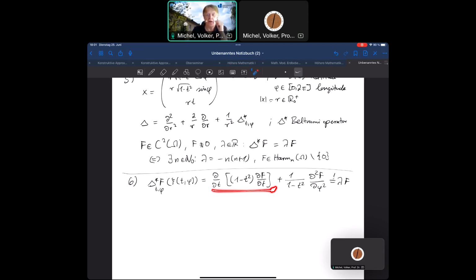And if you have a closer look at this differential equation, you will observe that it is again an eigenvalue problem, namely the eigenvalue problem for this Legendre operator. So the Legendre polynomials are eigenfunctions of this Legendre operator, and the Legendre polynomial of degree n is an eigenfunction of this operator to the eigenvalue minus n times n plus 1.